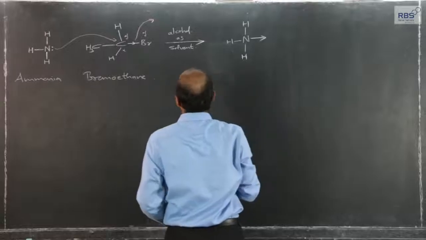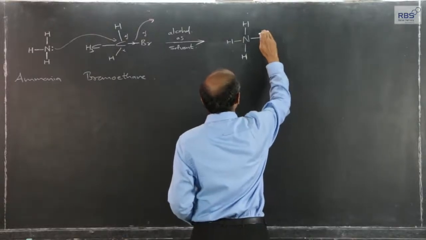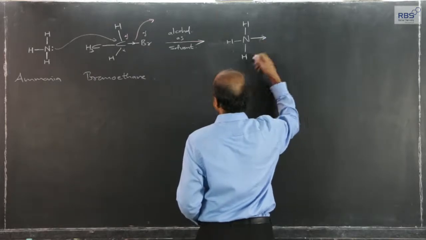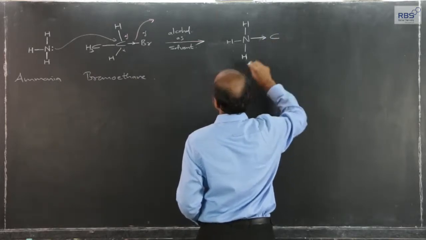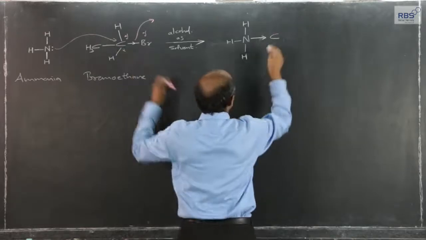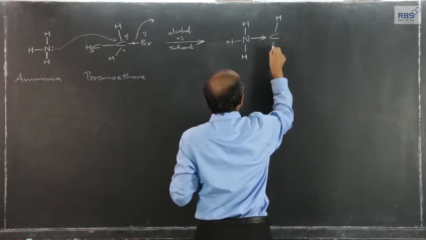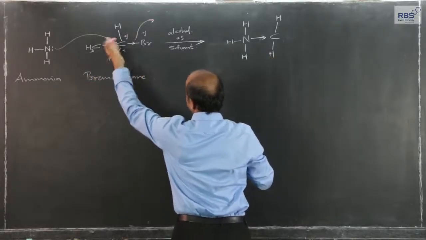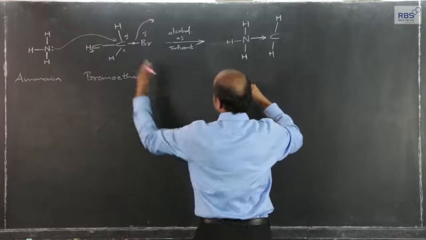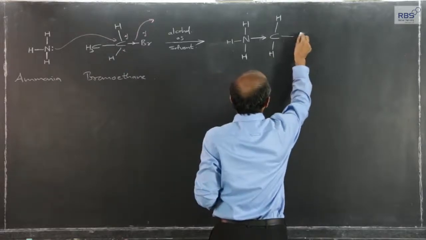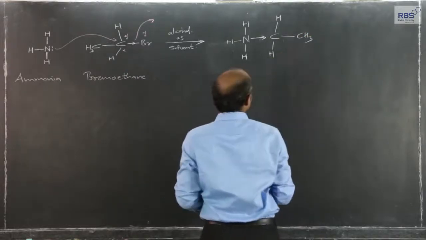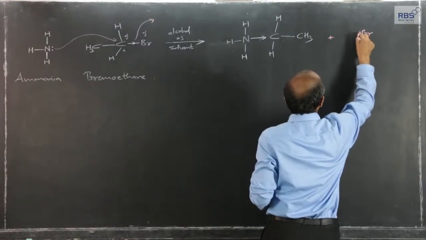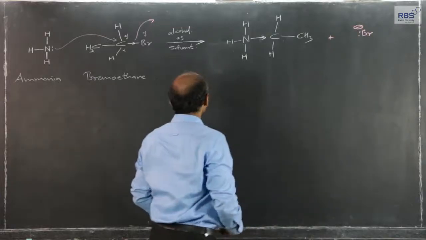The lone pair of electrons forms a shared pair. To represent that, I use an arrow, with the alpha carbon, the two hydrogen atoms and the methyl group. Since the attack is actually from the opposite side, that I will not repeat, and bromine goes out in the form of bromide ion.